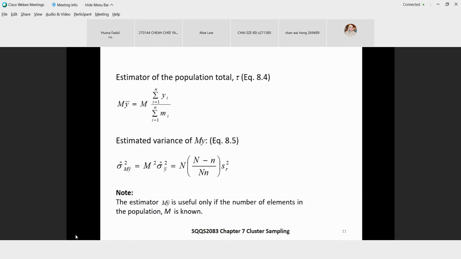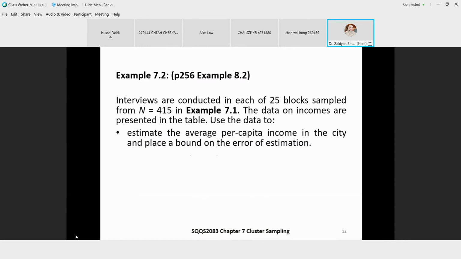Okay, guys? If the big M is unknown. One example. Let's say interviews conducted in each of 25 blocks sampled from 415. Remember, what's the big N here? Anyone, what's the big N here?